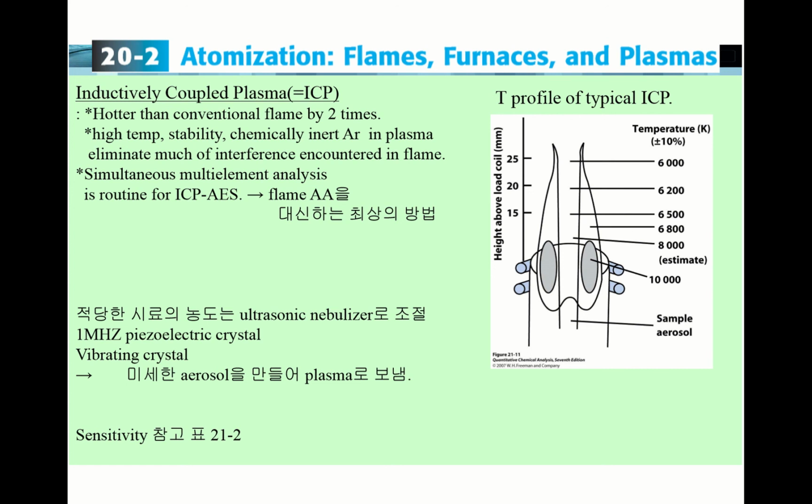They are made of quartz because quartz can stand this high temperature. High purity argon gas is fed through the plasma gas inlet after a spark from a Tesla coil ionizes argon. Free electrons are accelerated by the radio frequency field. Electrons collide with atoms and transfer energy to the entire gas, maintaining a temperature up to 6,000 Kelvin, maybe up to 10,000 Kelvin.